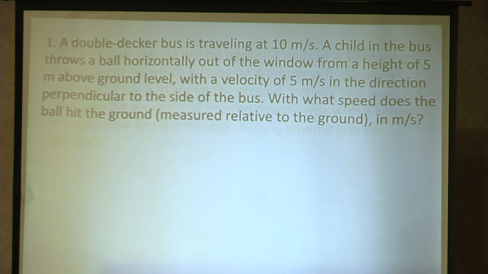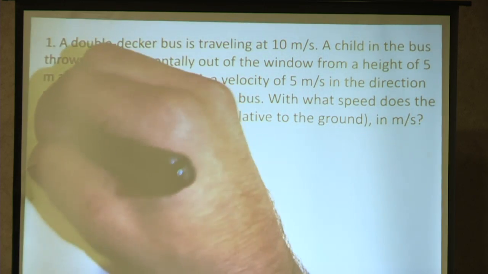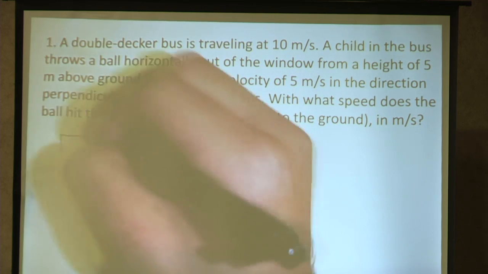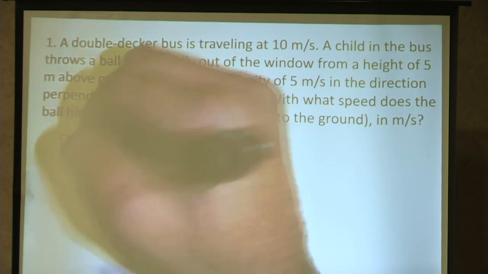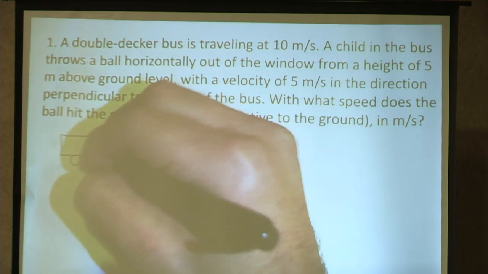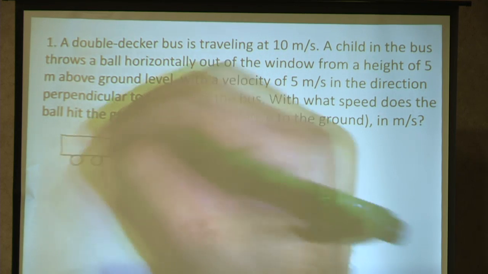This is kind of a confusing problem, but the first rule is to always draw a little diagram. So I'm going to draw a bus. And by the way, my drawings are going to be really horrific the whole time. All right, so that's our bus.